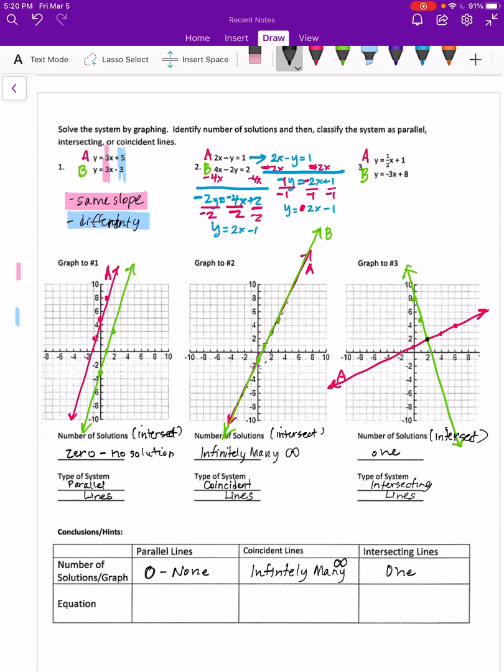I got to stop doing videos tonight. I'm struggling. I'm tired. So that's going to be important that you recognize that. So for the equation, they have same slope, and I'm going to write it down here in my little cheat sheet box, my little table here, and they have different y-intercepts.